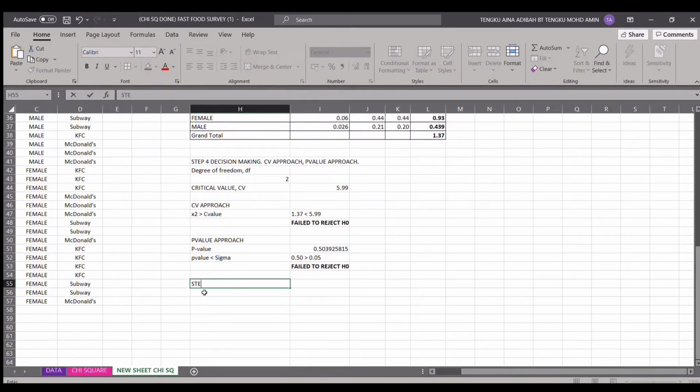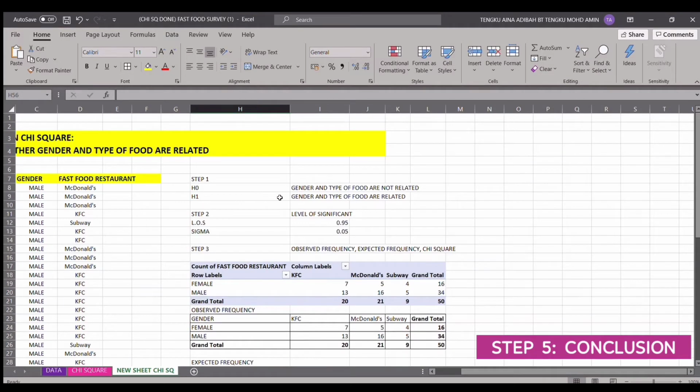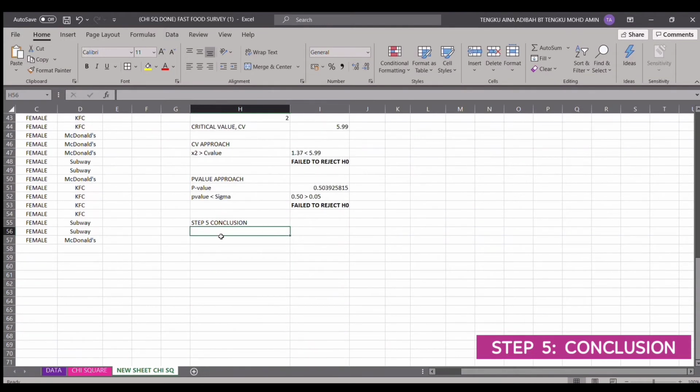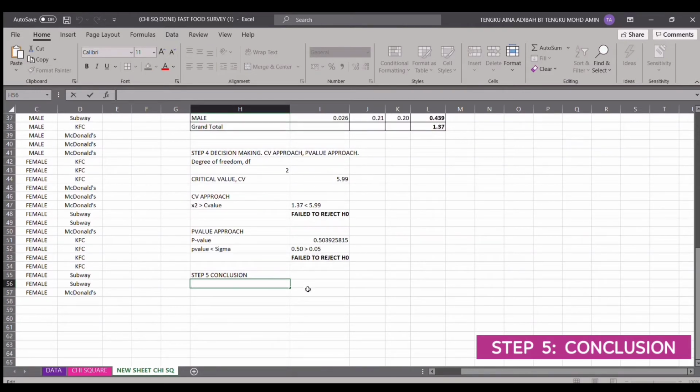So we move on to step 5, which is the final step, the conclusion step. We can conclude now whether we can reject the H0 or accept the H1, which means we can reject the hypothesis 0, or hypothesis 1. However, after all the calculation, we found that we failed to reject H0, the hypothesis 0, which means we need to accept the hypothesis 0.